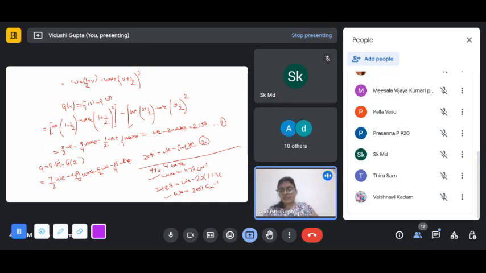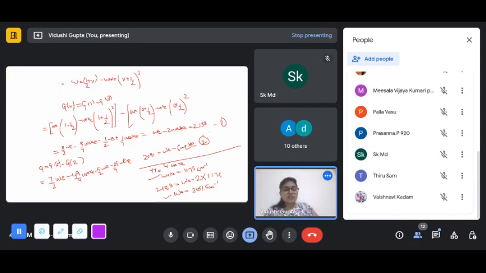Now for the transition of 3 to 2, it will be 7 by 2 omega e minus 49 by 4 omega e x e minus 5 by 2 omega e minus 25 by 4 omega e x e. For that the wave number was 2091. So 2091 equals omega e minus 6 omega e x e.